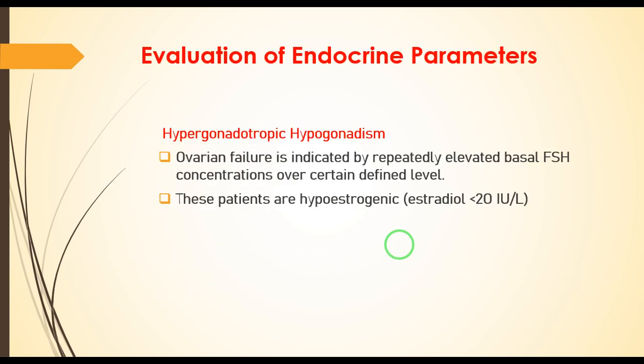In hypergonadotropic hypogonadism, the level of estradiol will be very low, and as a feedback response, the level of FSH, the follicle stimulating hormone, which is a gonadotropin from the pituitary, will be increased.